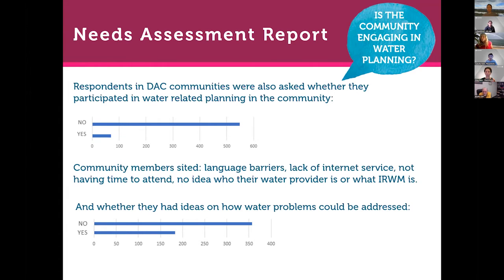Because as Laura had mentioned in her opening, there have been hundreds of millions of dollars brought to Ventura County that went through some kind of planning project development process. And what was generally indicated is there's not a lot of knowledge, and there's not a lot of current participation in water related planning.